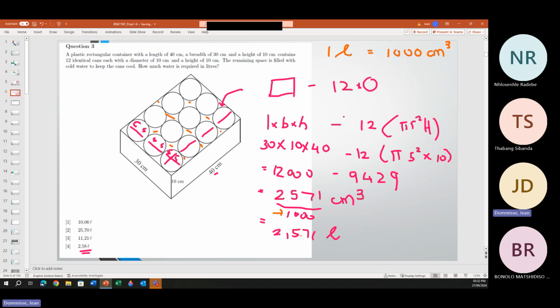Okay, so a lot of the time, where you need to work out the volume, they would want you to get the end result into liters.